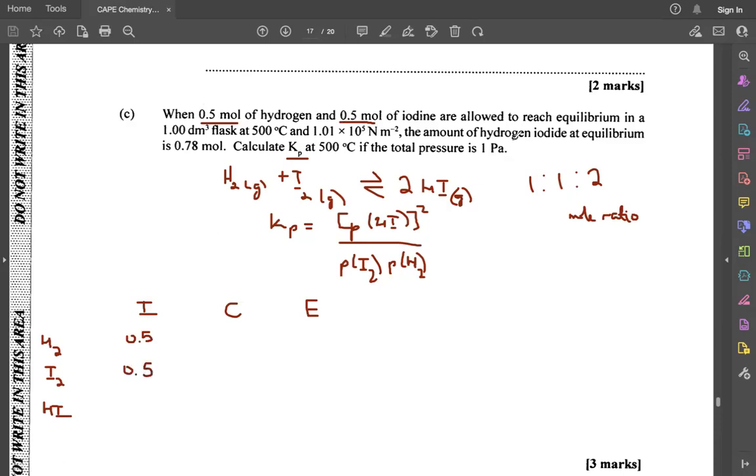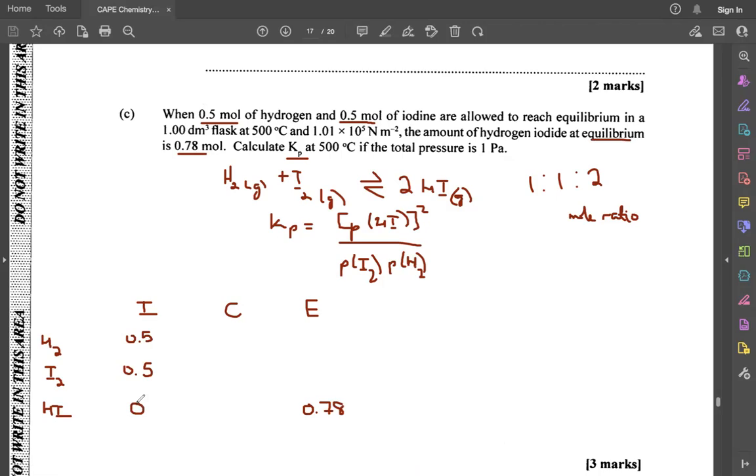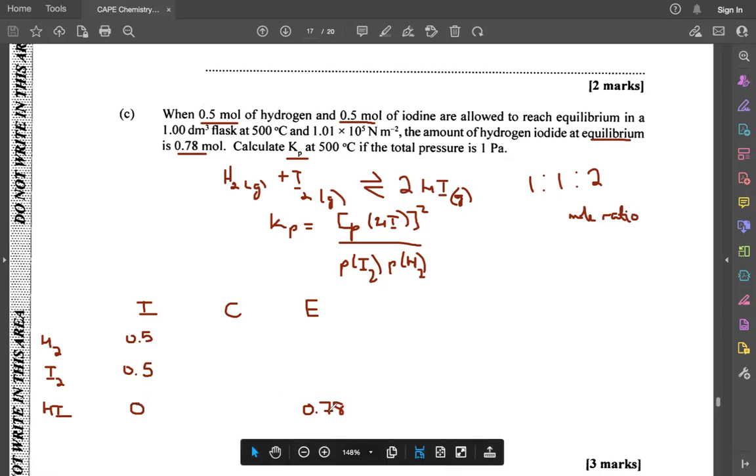They also told us that at equilibrium we have 0.78 moles of hydrogen iodide, so we put that down here. Initially we don't have any hydrogen iodide, so that's 0 initially, and at equilibrium we have 0.78.